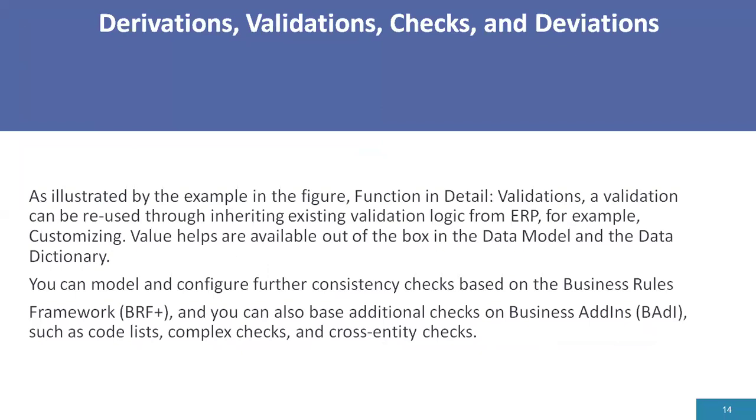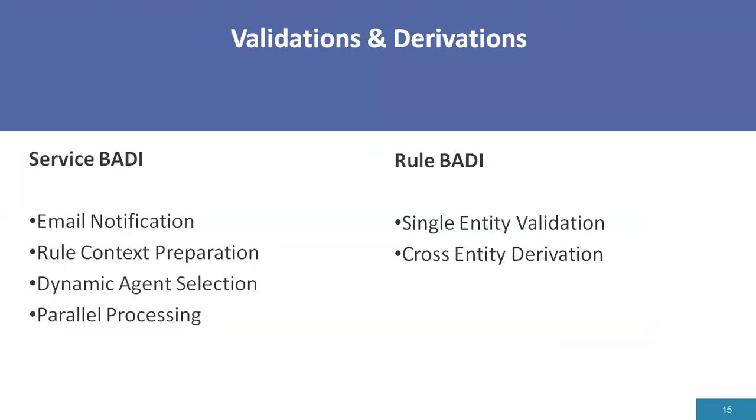Then validations and derivations. So basically data validations and derivations using BRF plus. We will again create a demonstration for BRF plus and show how you can validate and derive data through BRF plus. Continuing with validations and derivations, apart from BRF plus, we will also talk about them through ABAP BAdIs. It's a technical part, I understand this.